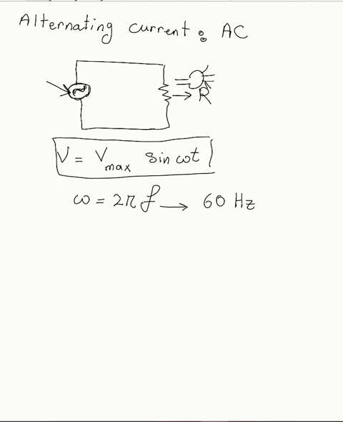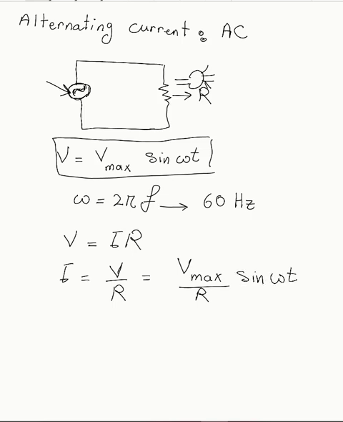Now, if I want to find the current, we know that according to Ohm's law, V equals IR. So if I want to find the current, I only need to divide V by R. This gives me this equation, Vmax divided by R times sine omega t.